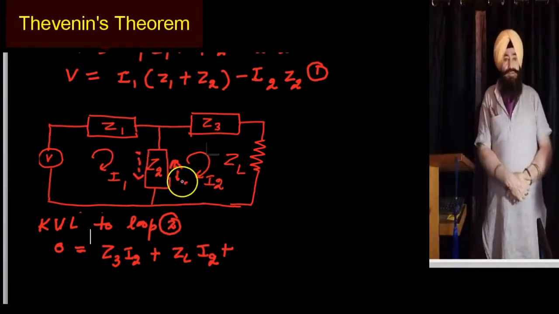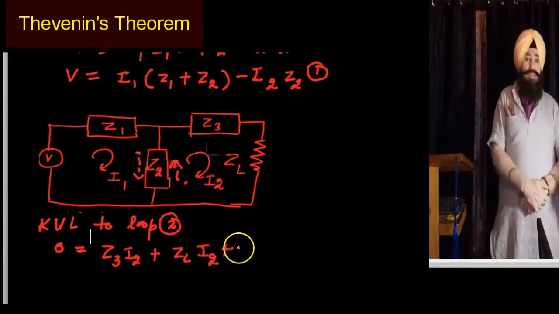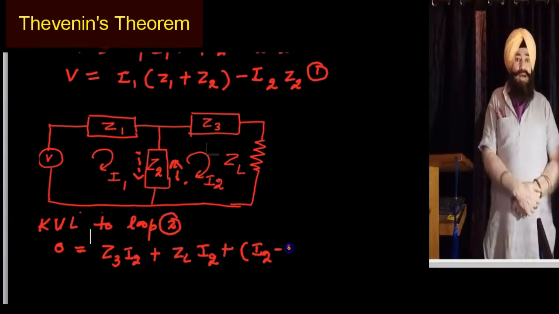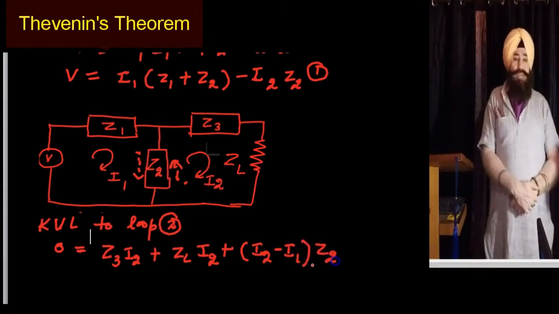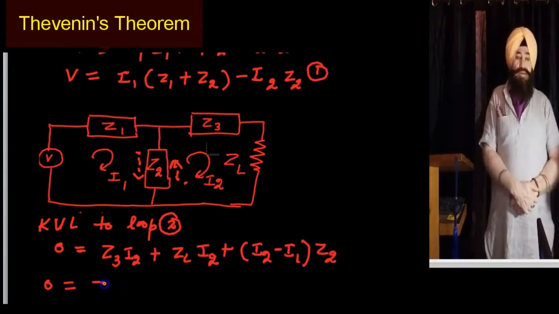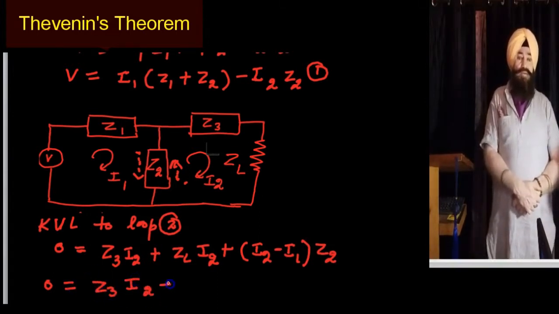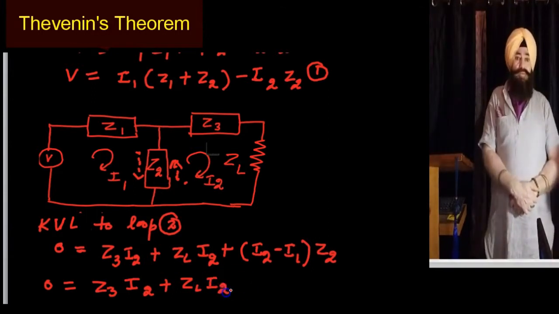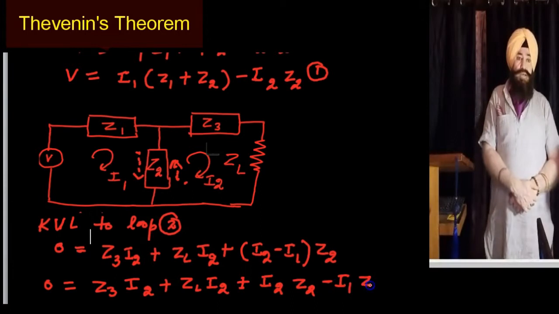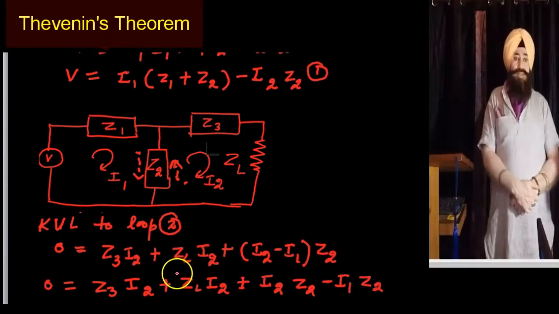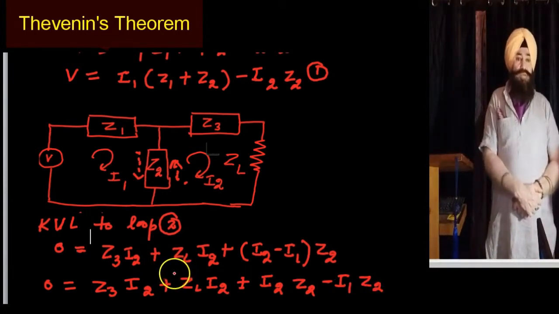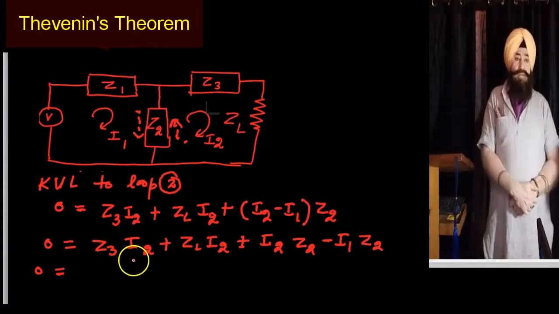So I2 Z2 is taken as positive, but I1 Z2 is opposite in direction, so it is taken as negative. It is clear why that voltage is taken as negative, because I1 was in the opposite direction as we were traversing along the path according to I2.